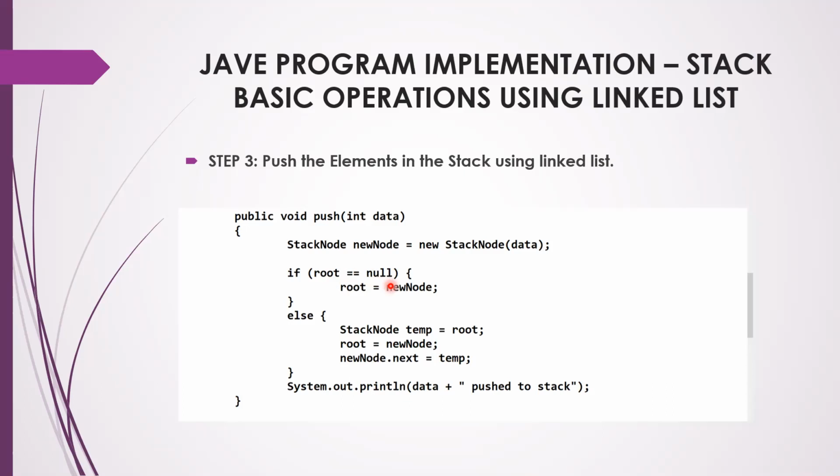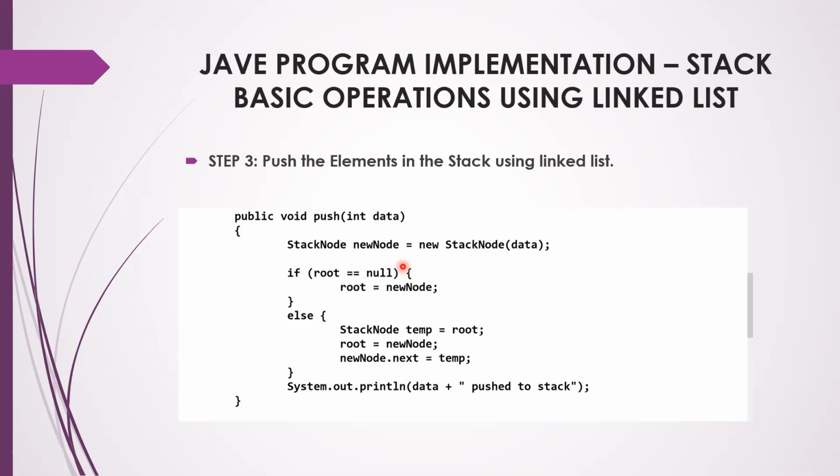Because it's a linked list, we should have a head node, and if it is a new node and the first node in the linked list, that has to be made the root node. For that we are checking this condition. But in array we don't have that issue. But in linked list you should keep track of that first root node, because that's the key to all other nodes.